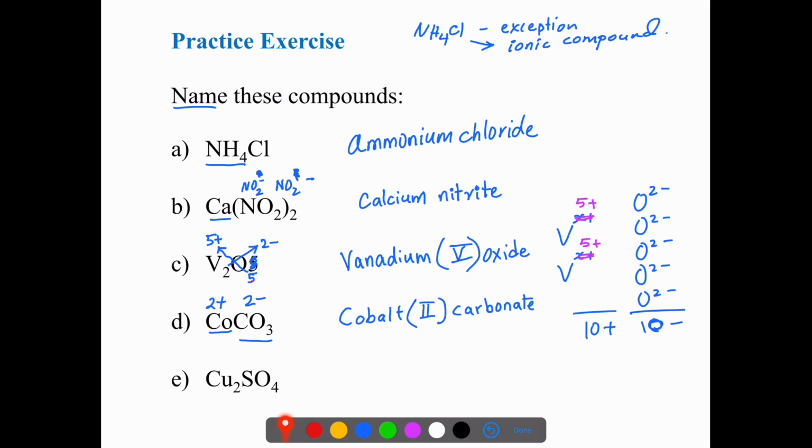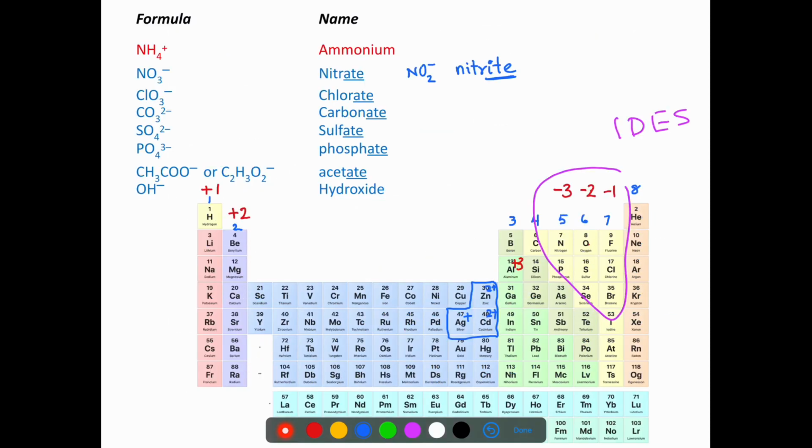So here you have Cu2SO4. SO4 is sulfate, so I know my anion is sulfate and my cation is copper. What is the charge? Sulfate is 2 negative. You can go back and check.